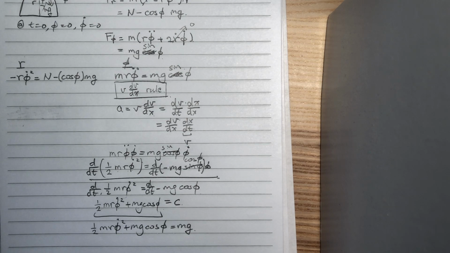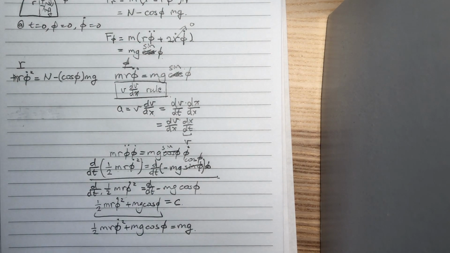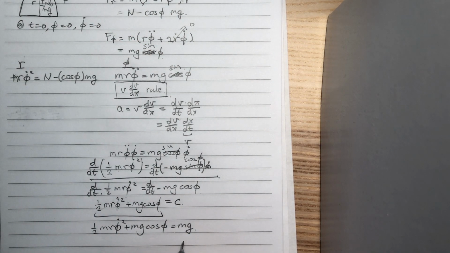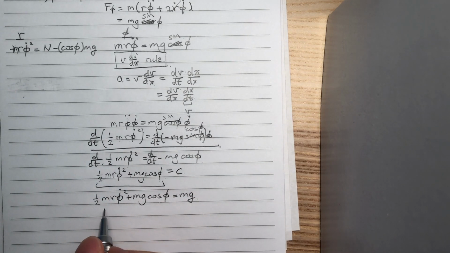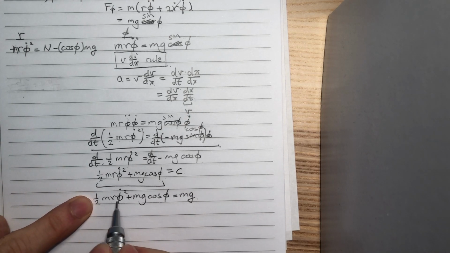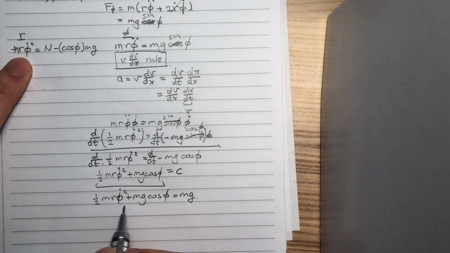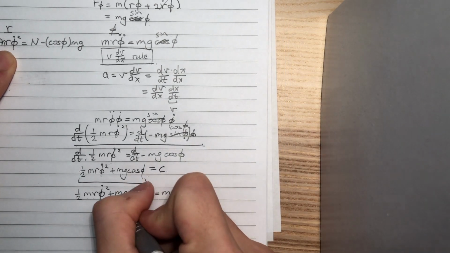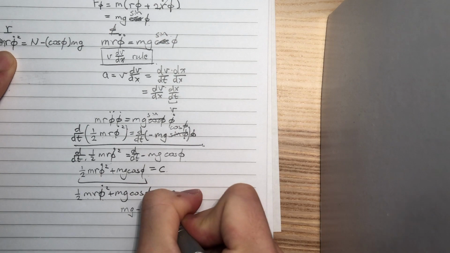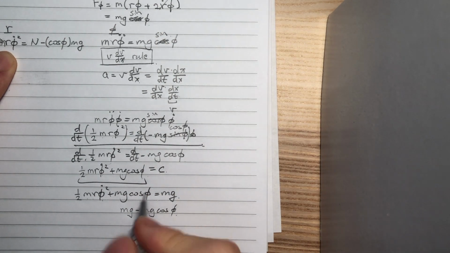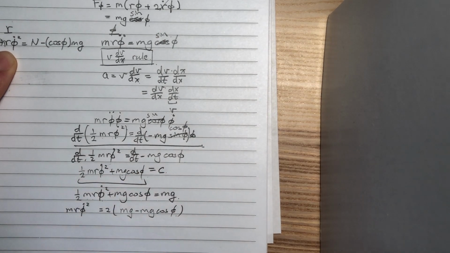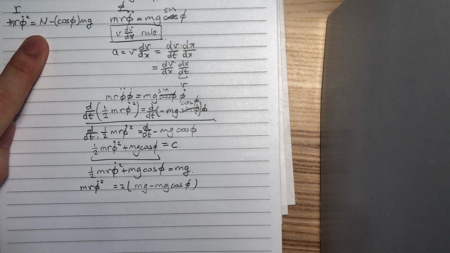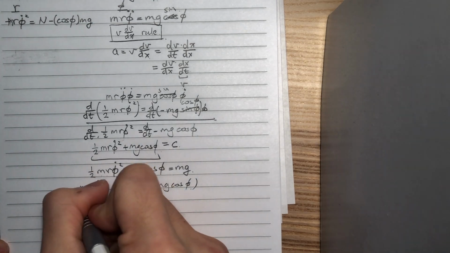Now, yes, I also missed an m here. Oh, I'm so sorry for that. Now, what we can do is isolate this m r phi dot squared, because we have an m r phi dot squared here. So we will get mg minus mg cos phi, moving this term over, multiplied by 2, equals my m r phi dot squared.